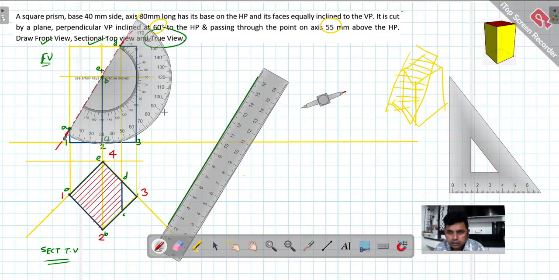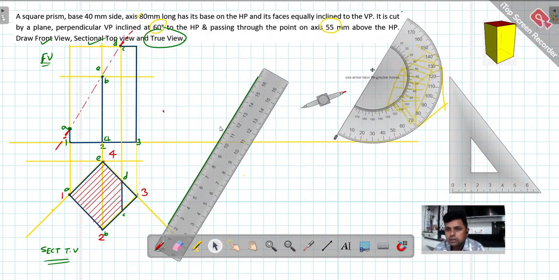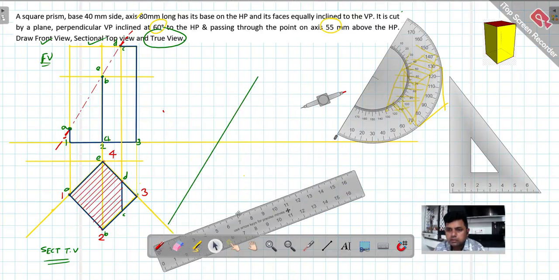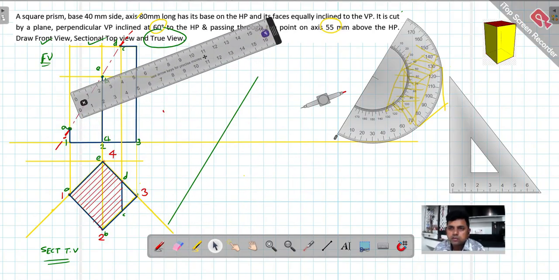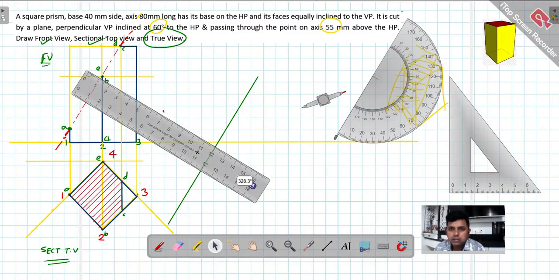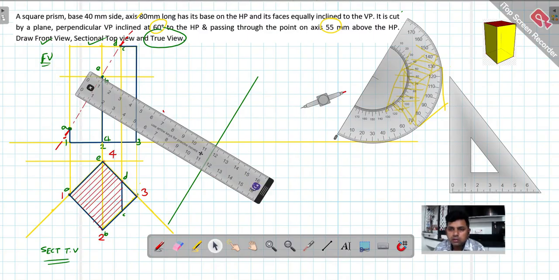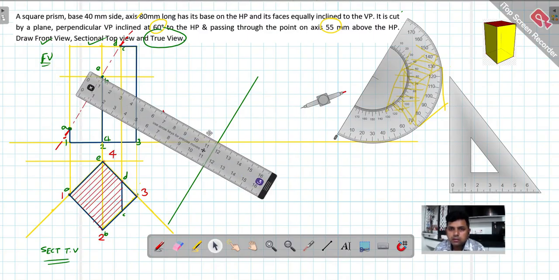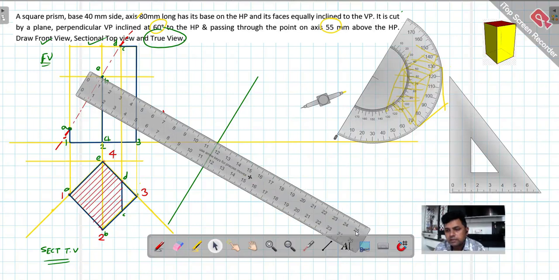Mark at 90 degrees. Yes, one point is sufficient. Now take this protractor away. Again, we'll take this scale from this point to B and E. I'm drawing one line exactly straight, just extending it.